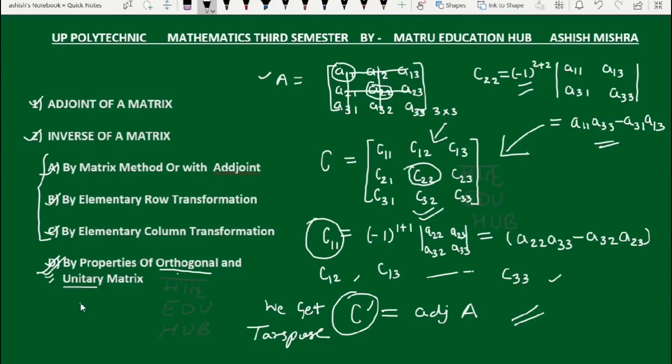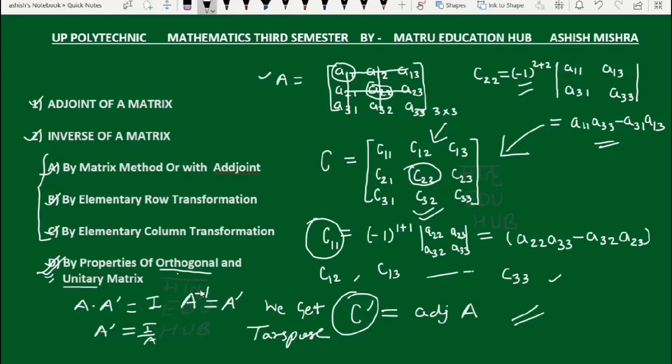If a given matrix has the orthogonal property, that is A A dash equals I, then we can write A dash equals I by A, that is, the inverse of an orthogonal matrix is equal to the transpose of that matrix. Very easy. Similarly, for a unitary matrix, A A theta equals I, then A theta equals I by A, that is A inverse.